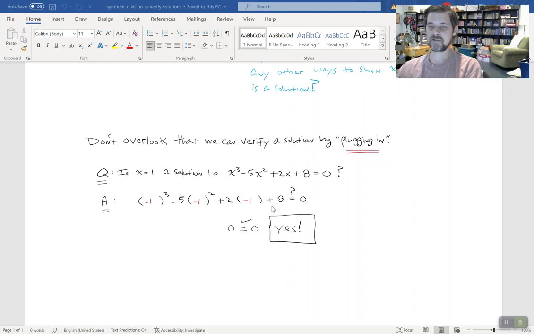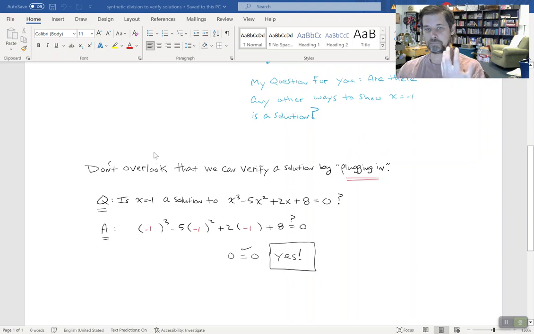If you do the calculations, you get 0 on one side and 0 on the other side, and that's correct. Don't overlook that. That's the most basic thing we have to justify that a number is a solution to an equation. You plug it in and it works.